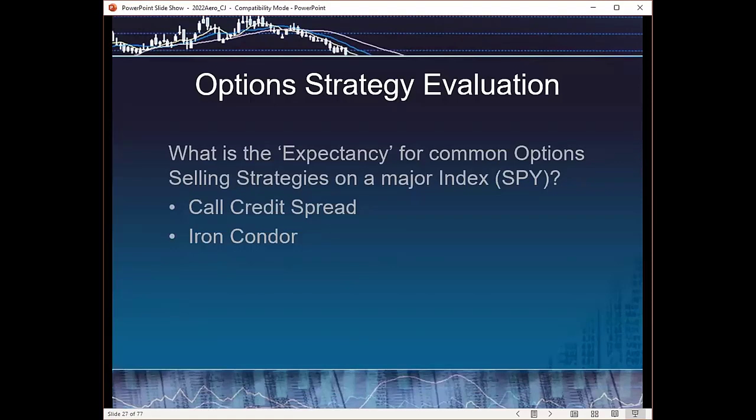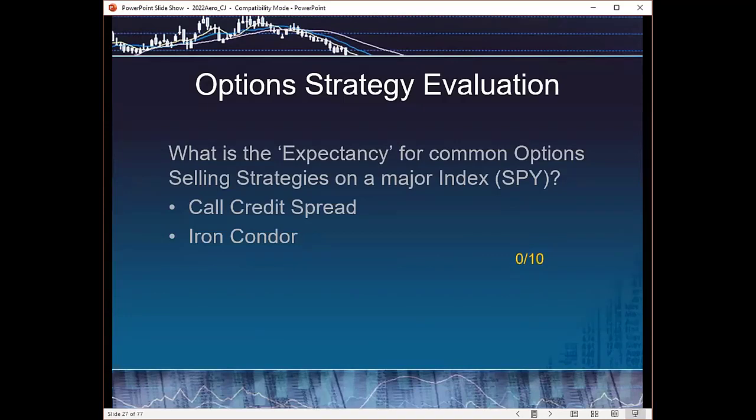So how do we evaluate the expectancy of different option strategies? I'm going to do some studies, and that's how I make my decisions. I actually ask a question, go set up a study, and analyze it, usually with a spreadsheet or something, to see what the market is telling me about that strategy or expectancy.